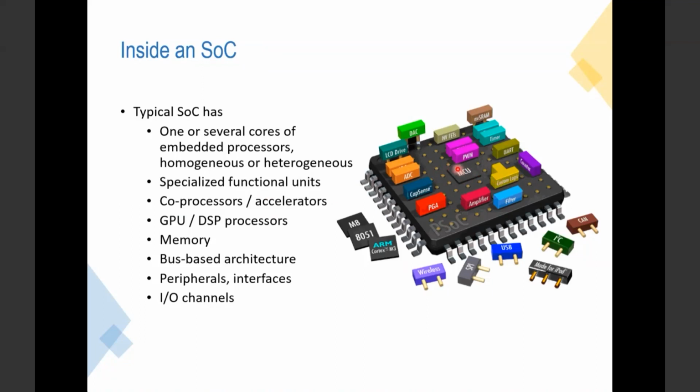Bus-based architecture, peripheral interfaces such as timers, LCD drive, and you can put any protocols inside the same chip, depending on the system you're going to use. And then you will have the I/O channel. These are the typical things that the SoC has.